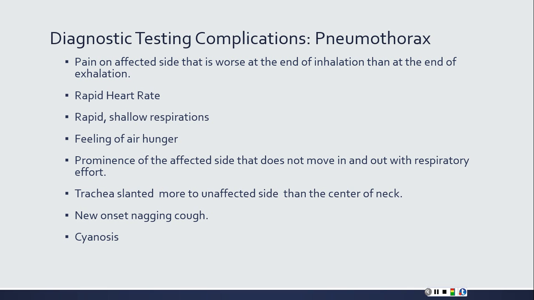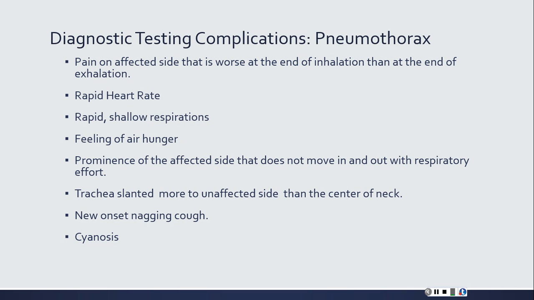The trachea will slant more to the unaffected side. Okay, and I think we've got a picture here in a minute. But everything shifts. The mediastinal shift will occur. You've got a collapsed lung on the right, and everything kind of shifts over to the left. All right.